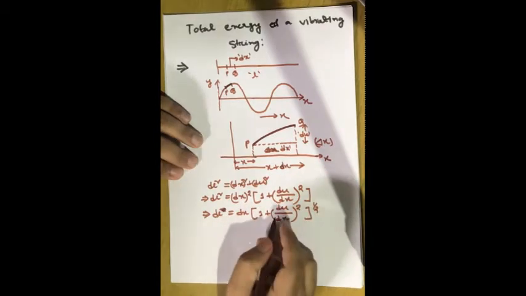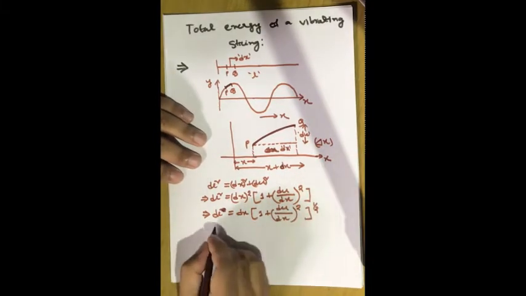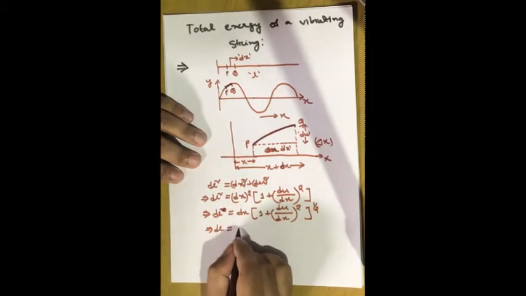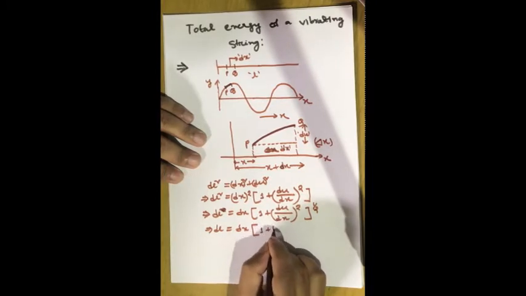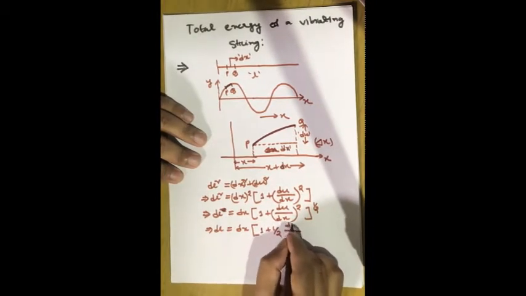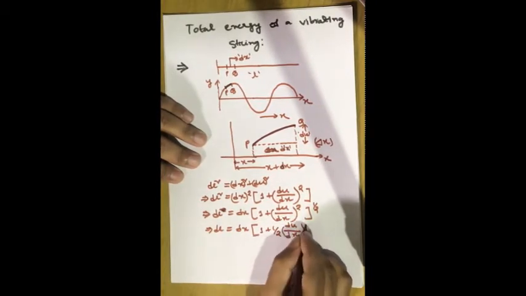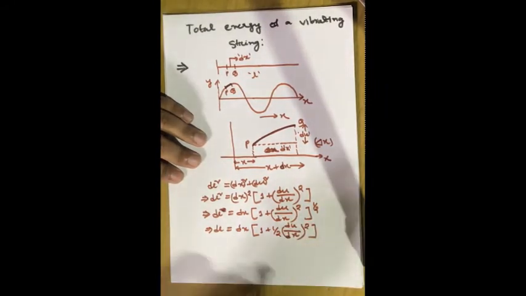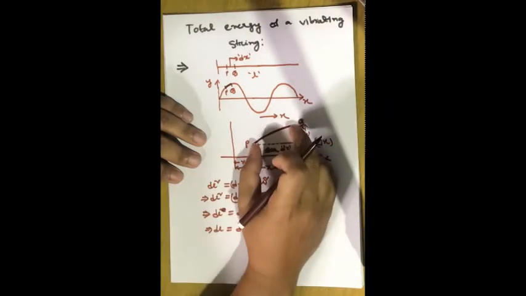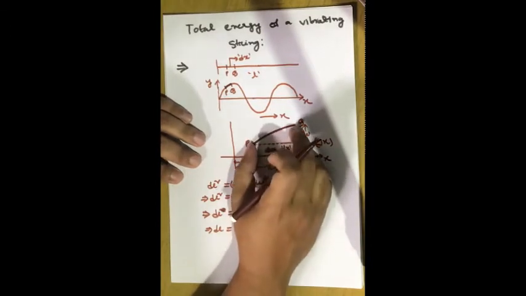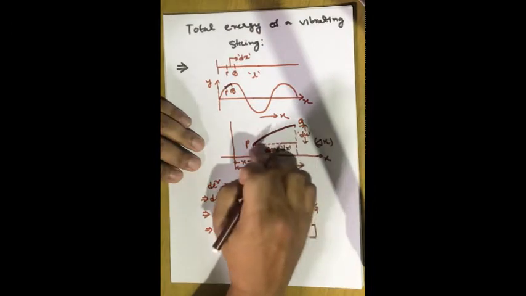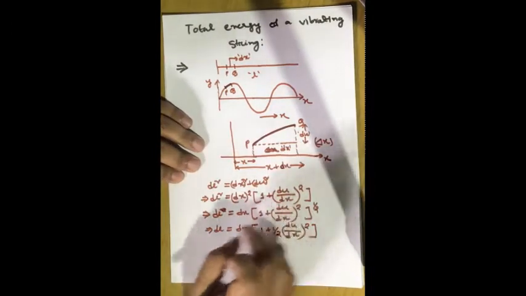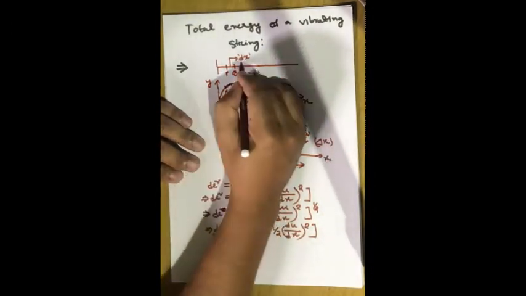Now for a very small line element, we can expand this series, and the value will be equal to dx into 1 plus half into du over dx whole squared. This is the increased length, the length of the string when the wave travels through it. So this dl is different from this dx.